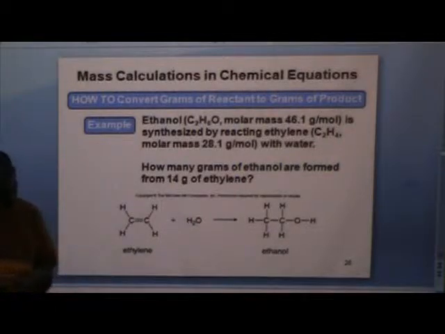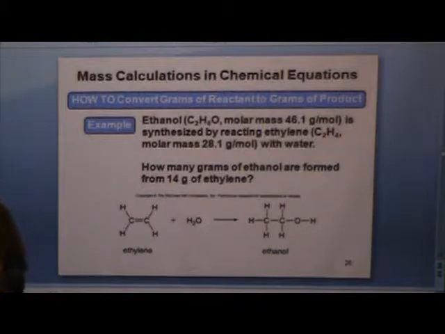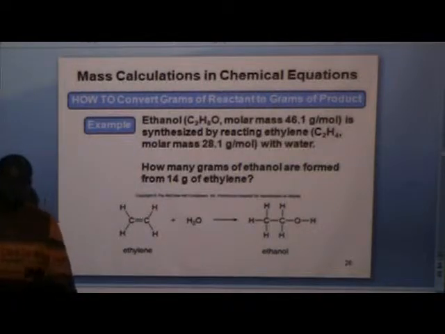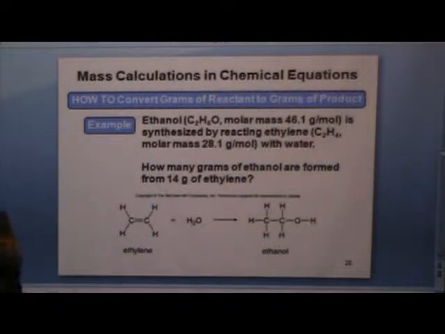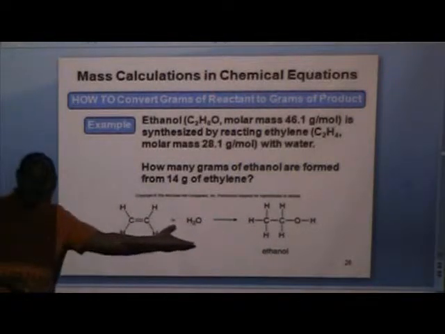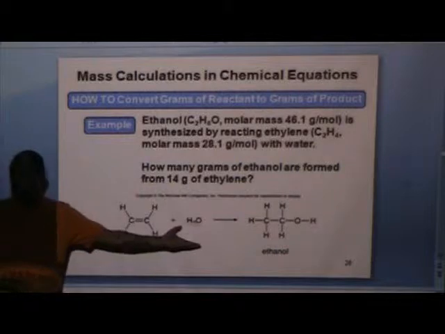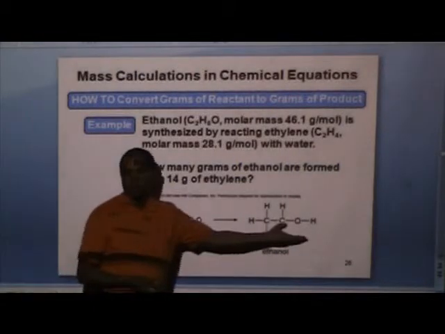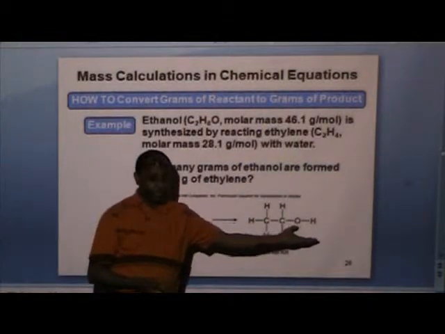But whether structural or molecular, the point is the equation has to be balanced, with equal numbers of atoms on the reactant side and the product side.